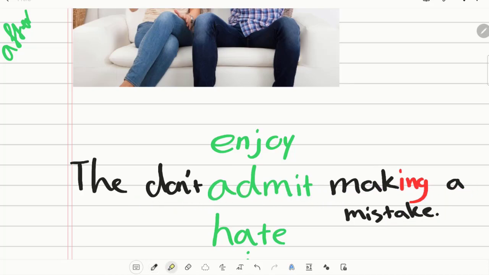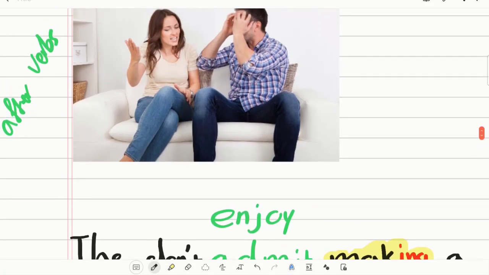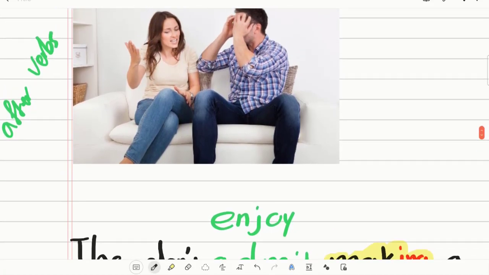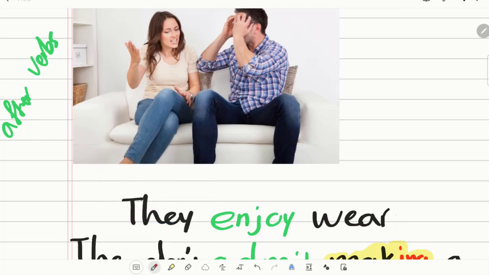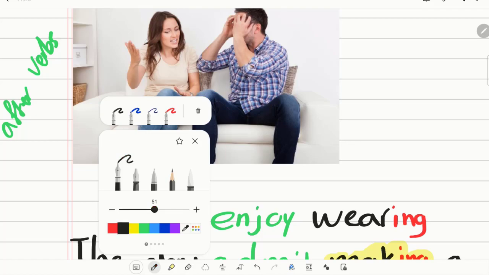And as you can see, making here is the gerund. How about another example with enjoy? What are they wearing? Both of them. I'm sure we can say they enjoy wearing jeans, for instance.